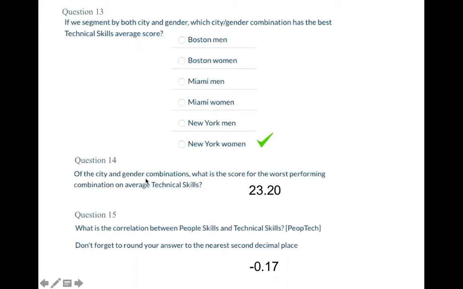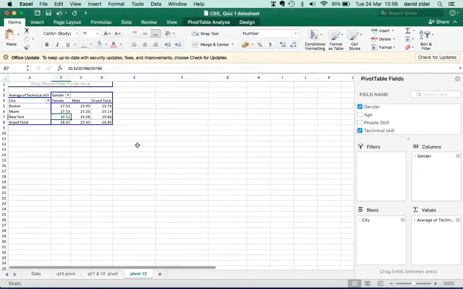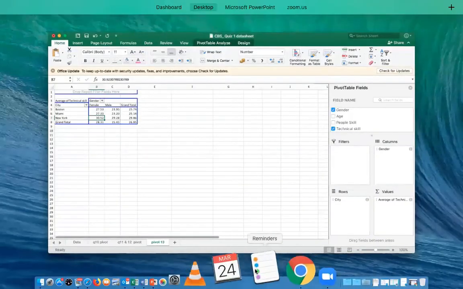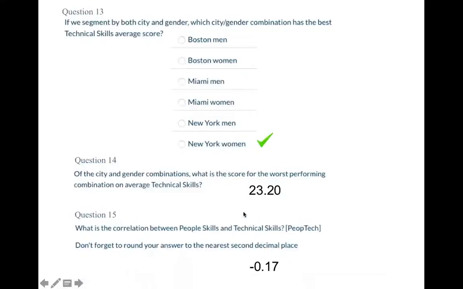Of the city and gender combinations, what is the score for the worst performing combination on average technical skills? There you would have to go and do a pivot table similar to this to get that.